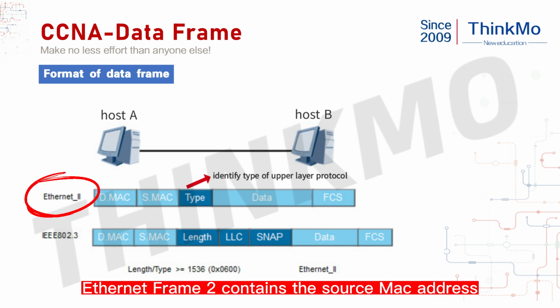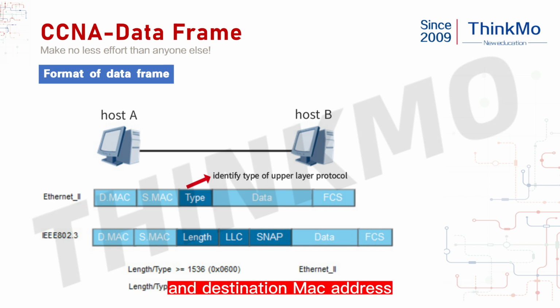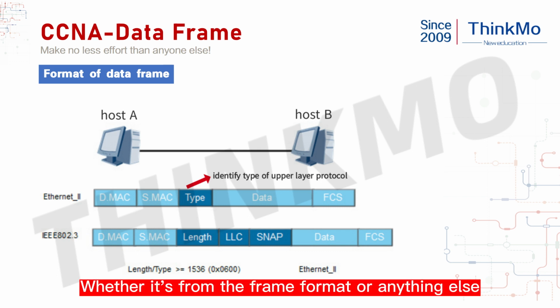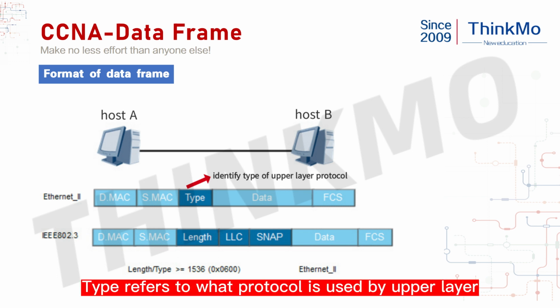Ethernet 2 frame contains the source MAC address and destination MAC address. In a later video, we'll talk more about the differences between Ethernet 2 and 802.3, whether it's from the frame format or anything else. Next is the type. Type refers to what protocol is used by the upper layer.